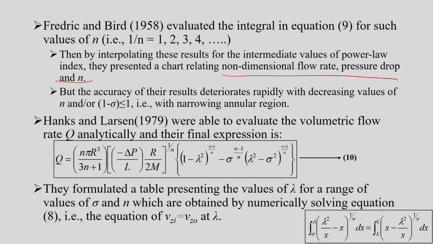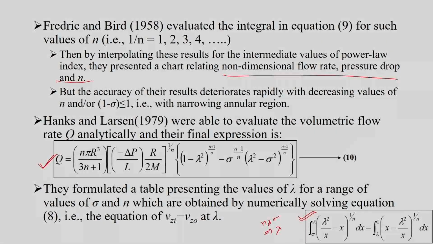However, Hanks and Larsen also tried to obtain the volumetric flow rate, and the final expression is given here. Whatever this equation number 8 is, they have numerically solved it and tabulated different lambda values for different n and sigma values.